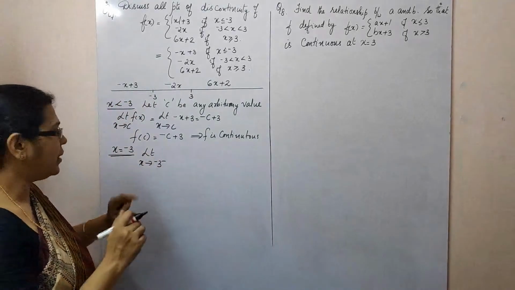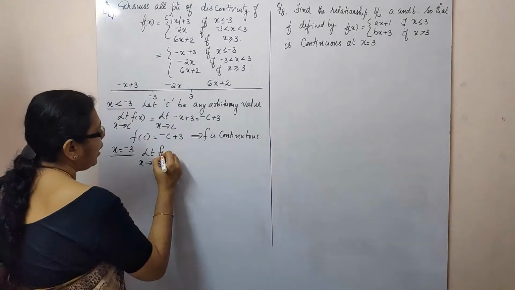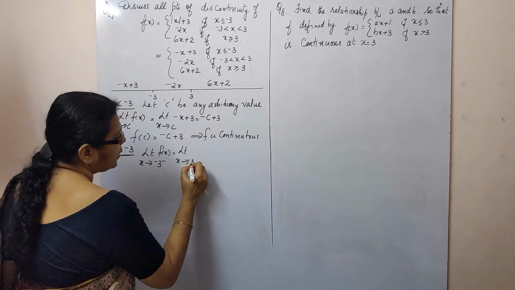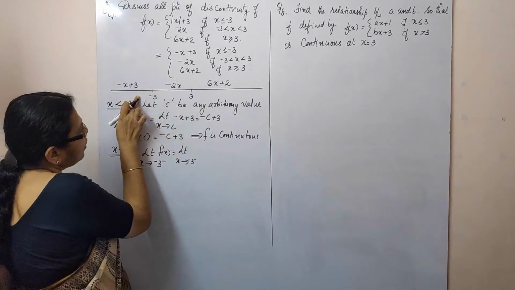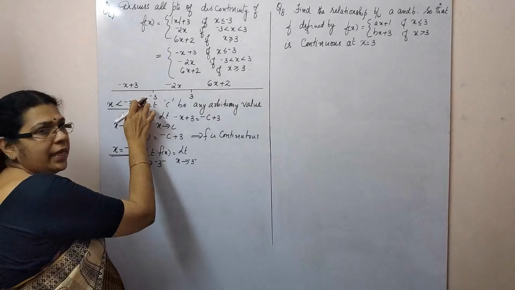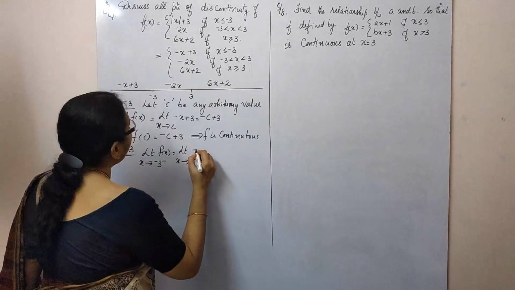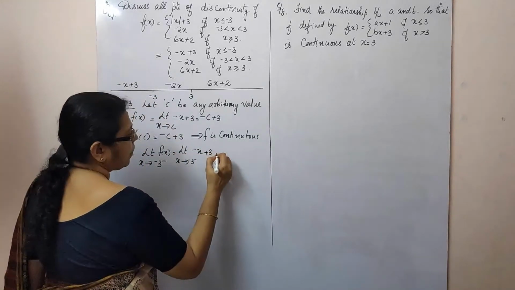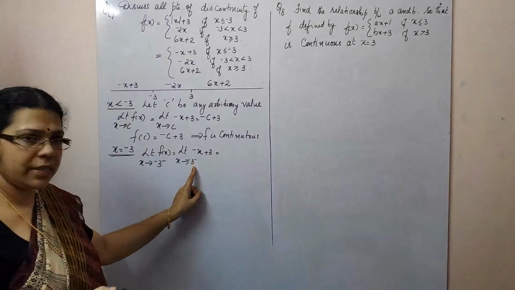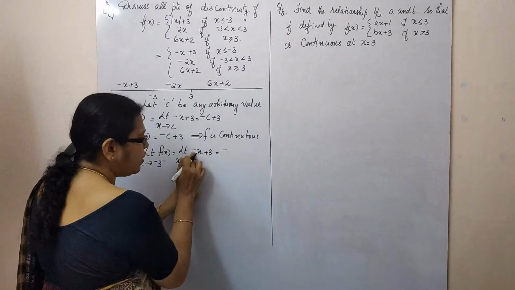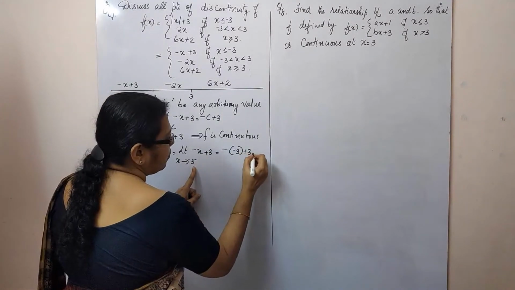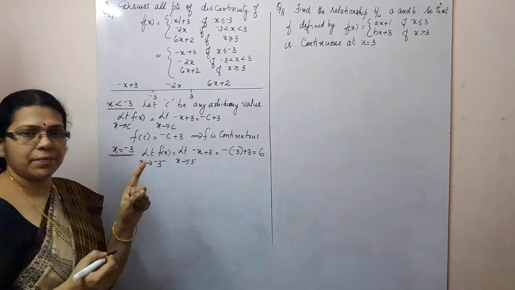The function on the left, lesser than minus 3, is minus of x plus 3. In the place of x, I substitute minus 3, that is minus of minus 3 plus 3, which is equal to 6.